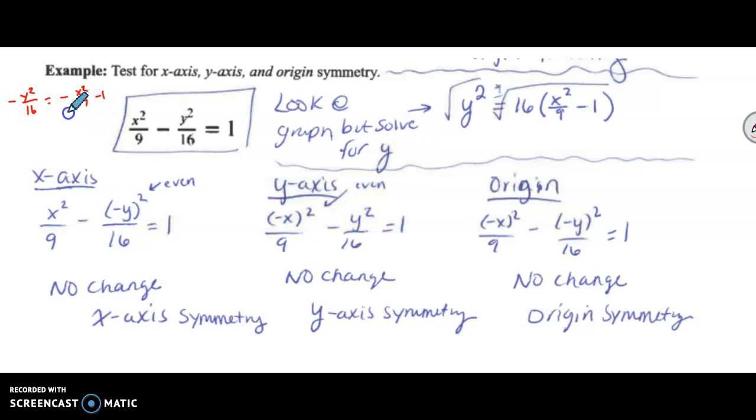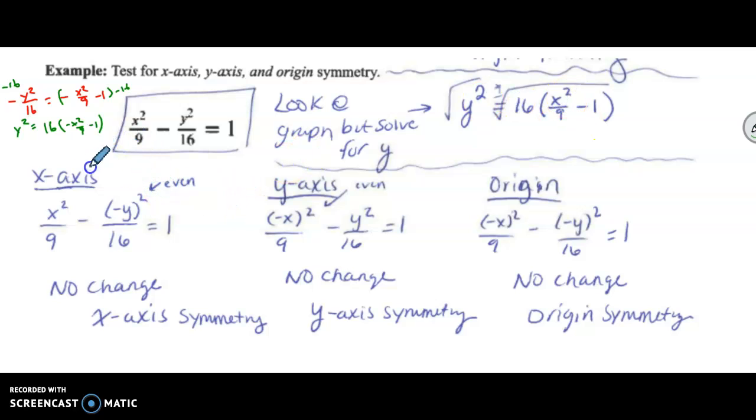Then we multiplied both sides by negative 16, so we have y squared is equal to 16 times negative x squared over 9 minus 1. I think this is incorrect.